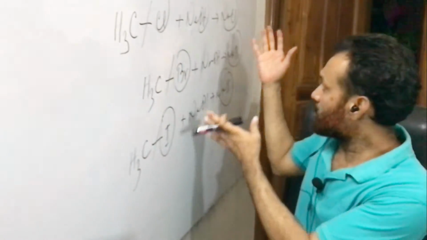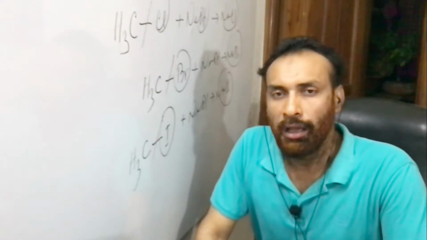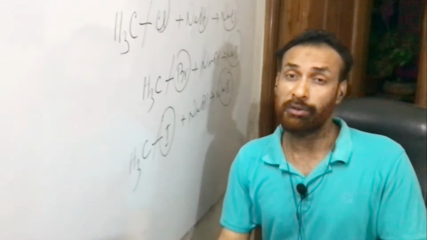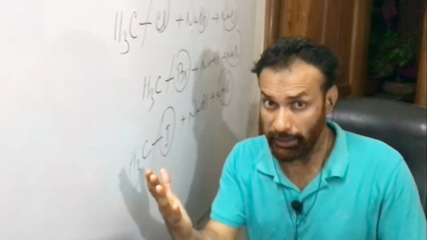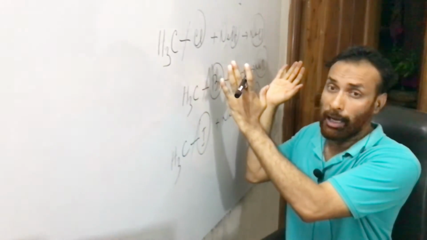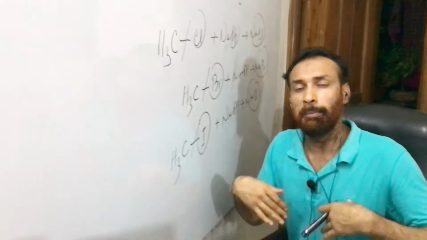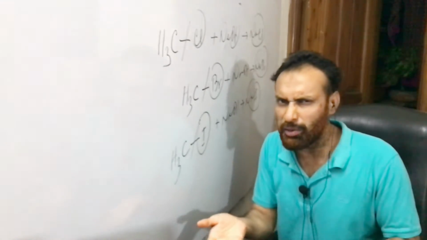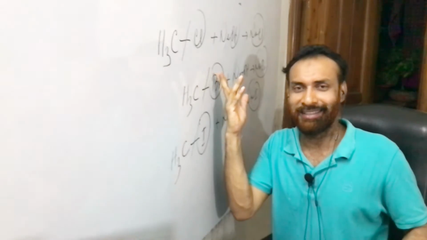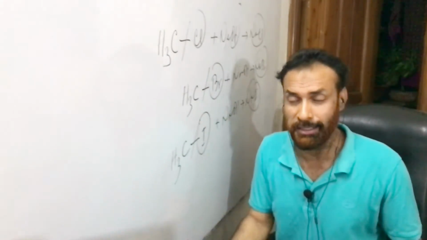Take the aqueous solution of the halide ions in three different test tubes, and then add nitric acid. Nitric acid is to ensure that no hydroxide is present, because you have heated them with sodium hydroxide, so some may remain. If you now add silver nitrate, your silver ion will combine with the hydroxide and you will get a silver hydroxide precipitate, which is a wrong result.